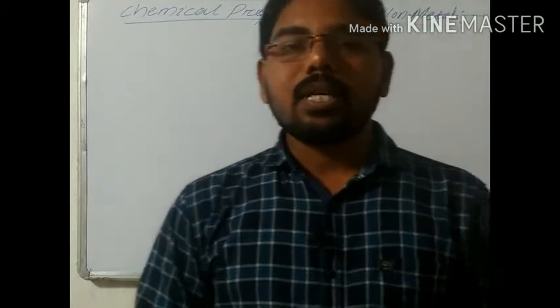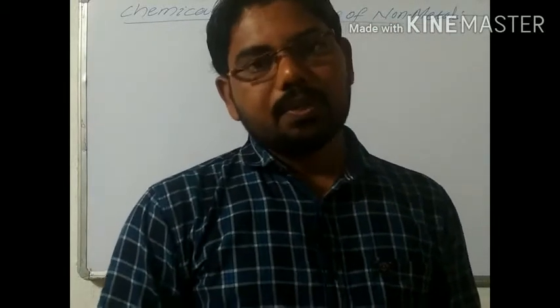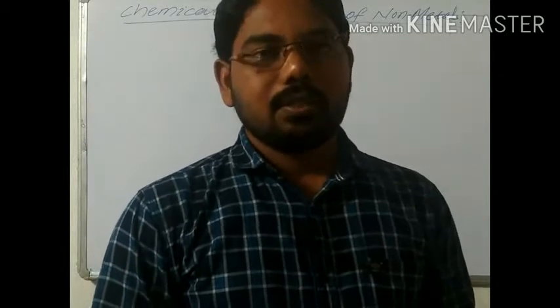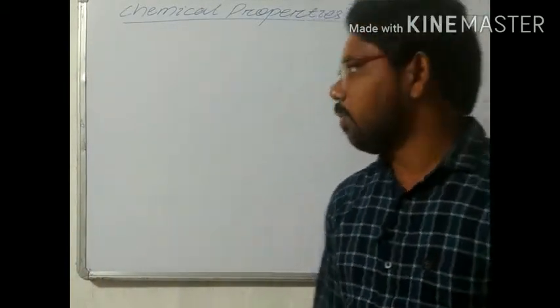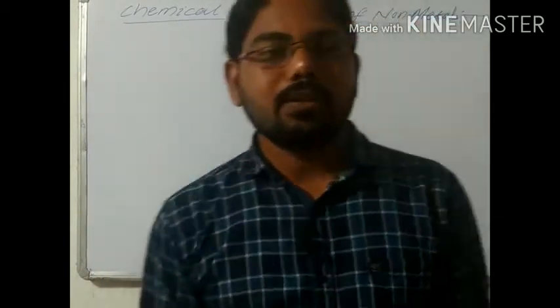The positively charged ion and negatively charged ion react to form compounds. So metals and non-metals react to form compounds, and here we discuss ionic compounds, the formation of ionic compounds.